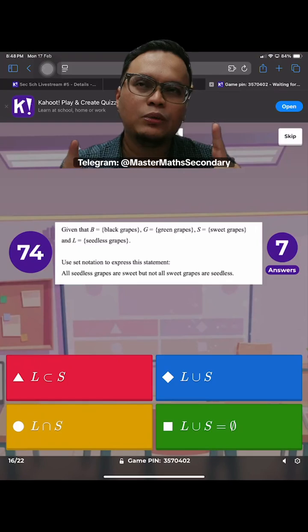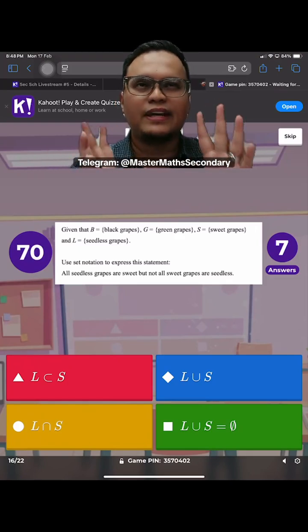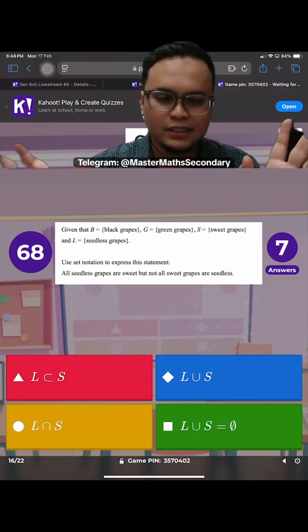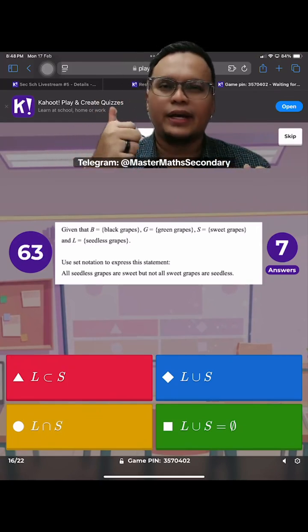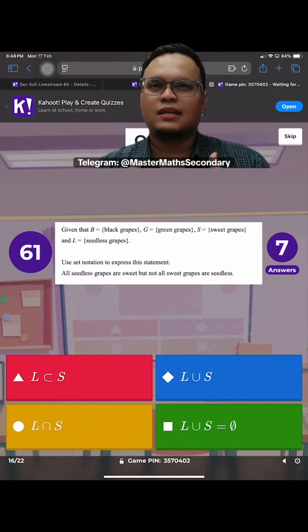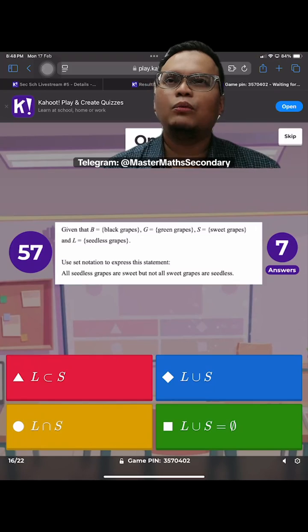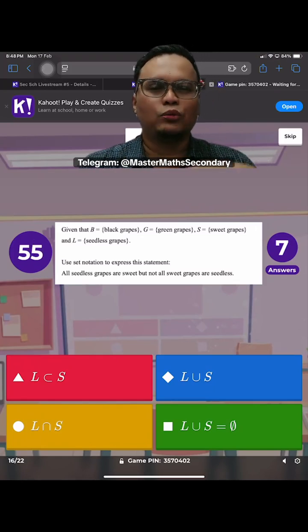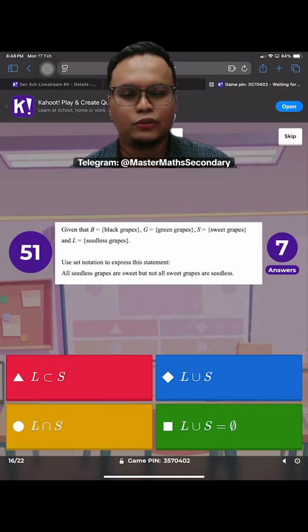Now, what you want to do is draw your Venn diagram, but you don't have to draw the other circles. You just draw the two circles, one circle for L and one circle for S. Try to visualize based on the description given. How would you draw the two circles, the Venn diagram for L and S? You can ignore the rest, you don't have to include the rest.